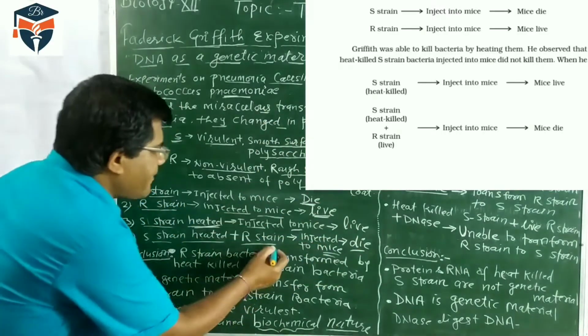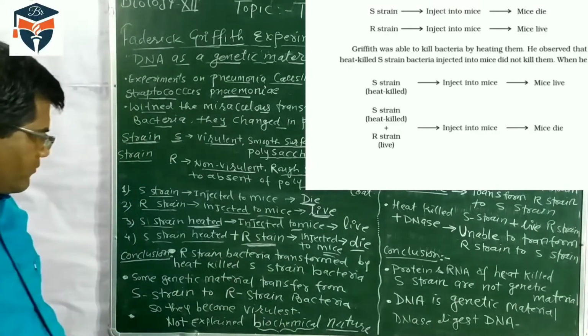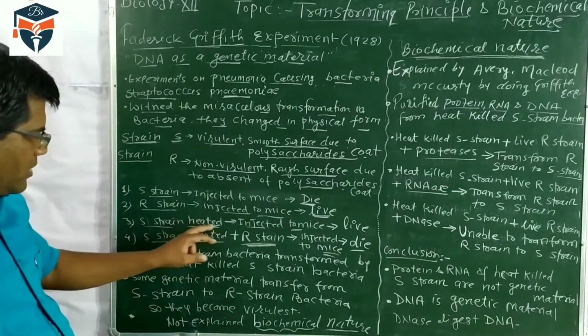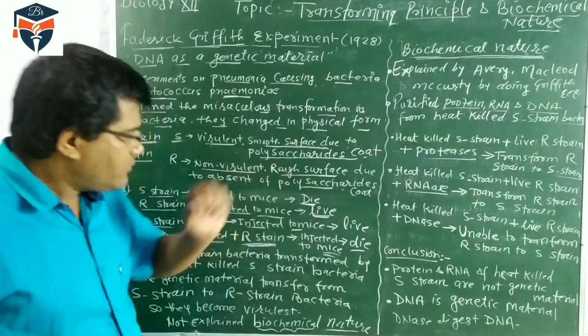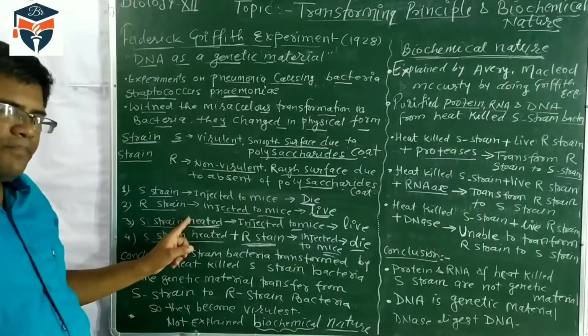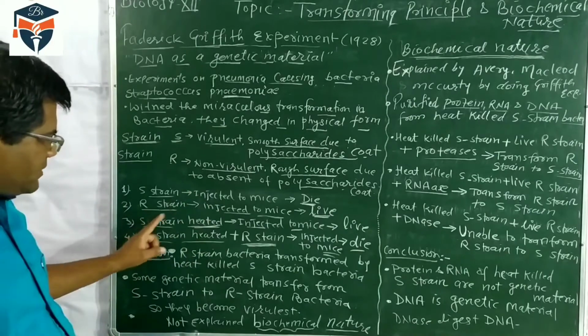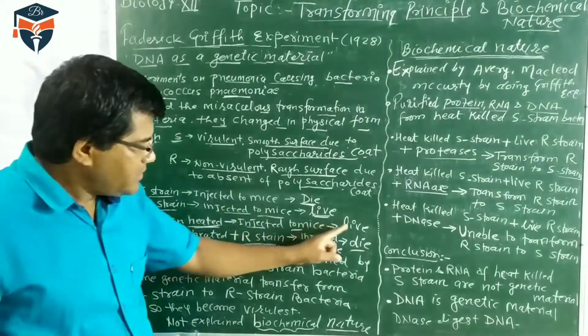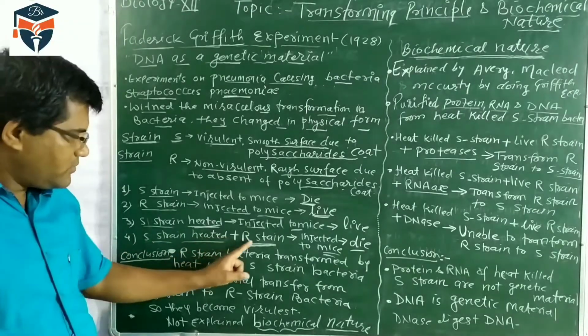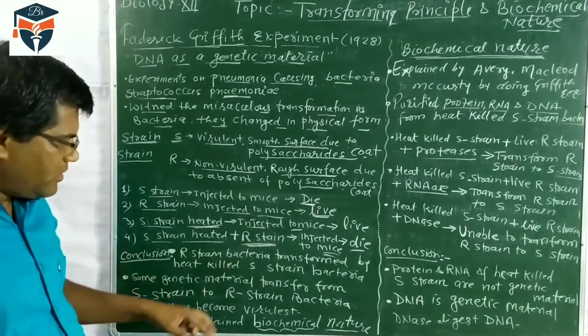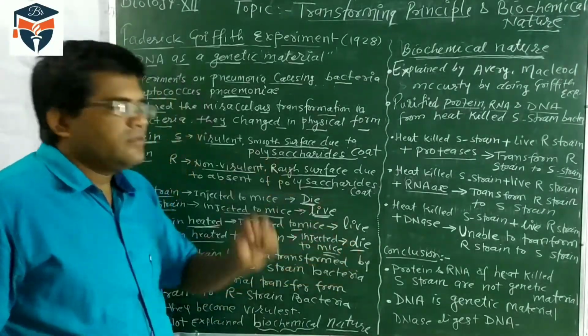So why does this happen? As I told you, the bacteria in heated S strain are killed, and that's why they do not cause pneumonia. When heated S strain is injected into the mice, they are alive. But when heated S strain is mixed with the R strain and injected, the mice die.